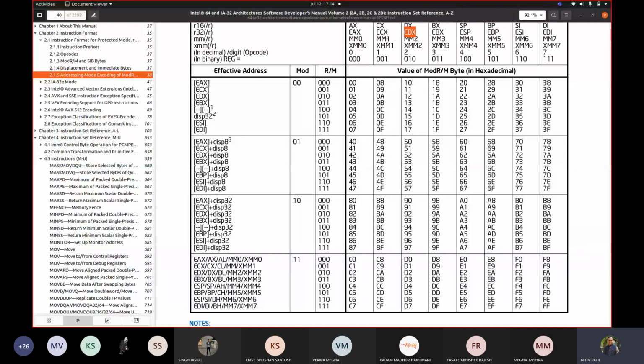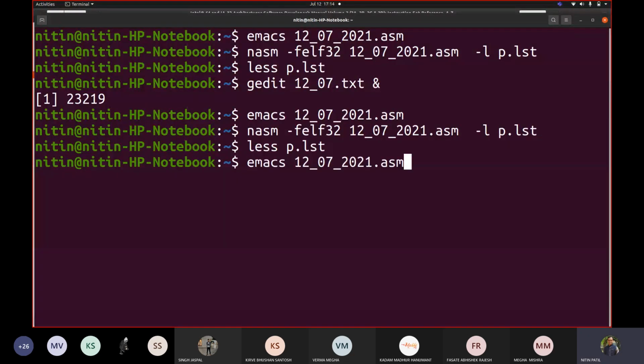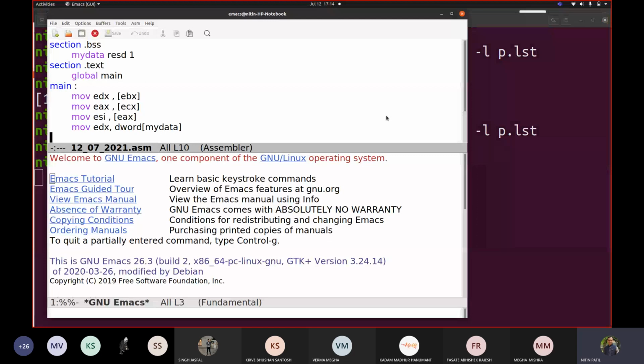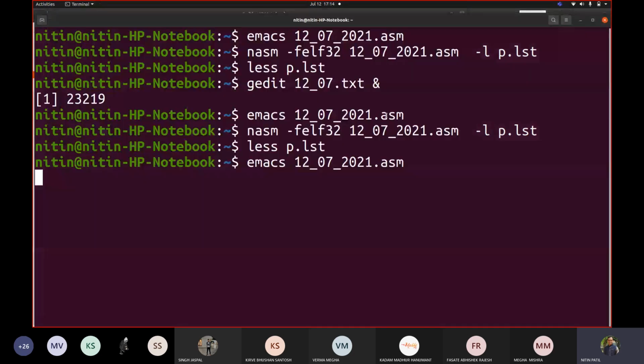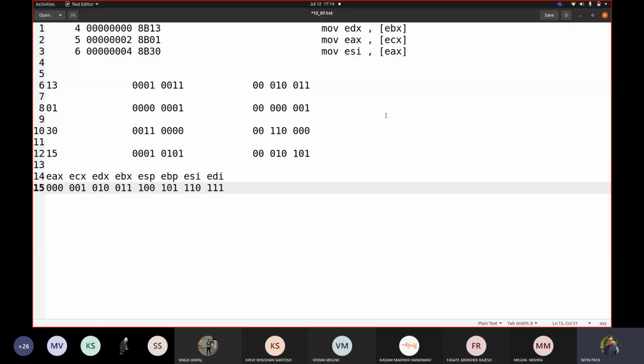If I take ECX instead of EDX, then I should have got 0D. So let me try that one too. Let me write ECX here and see the change.